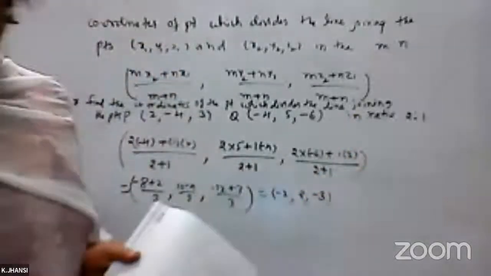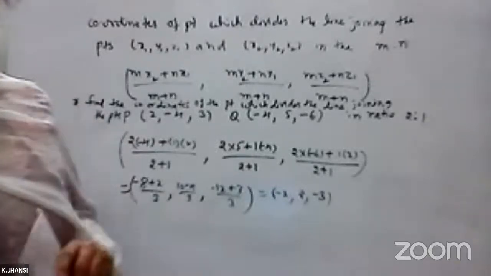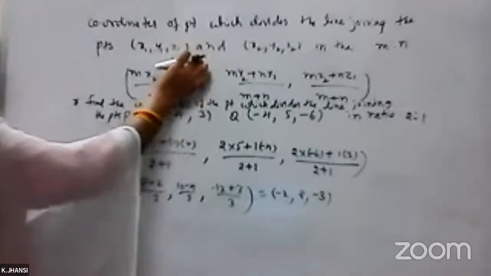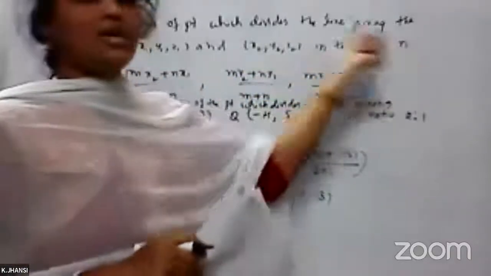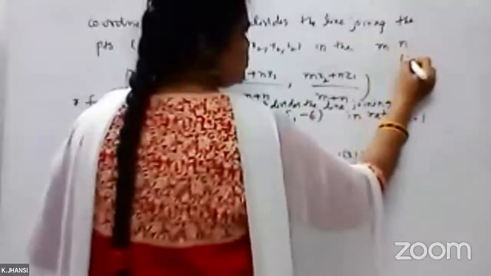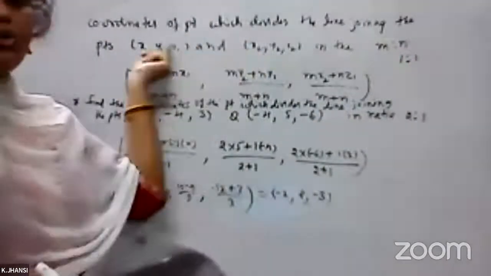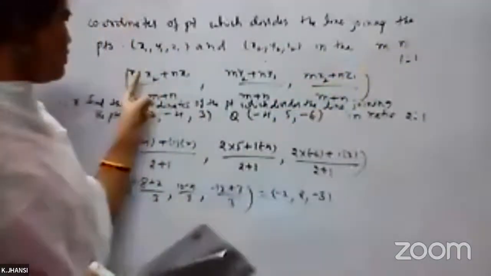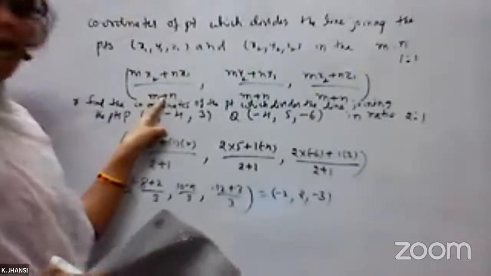So if any points are there in theory questions, try to follow the example problem. Whenever a point like this is asked, if the m:n ratio is 1:1, then you will get the midpoint of the 2 points. Here m comma n, 1 comma 1, gives x2 plus x1 by 2.